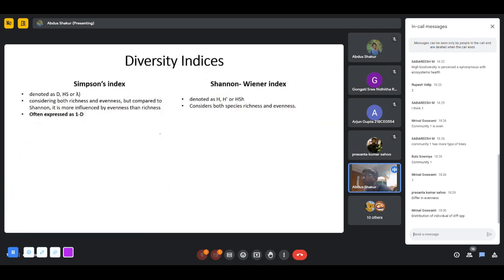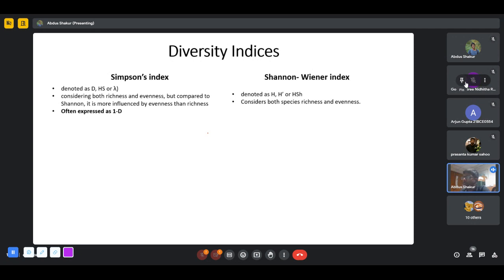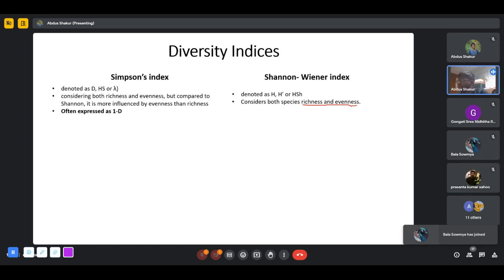To incorporate all of this together, different diversity indices have been proposed that incorporate both richness and evenness, because richness alone, as we just learned, might not be able to capture whatever is happening in the area that you are studying. So you need to consider both richness and evenness.